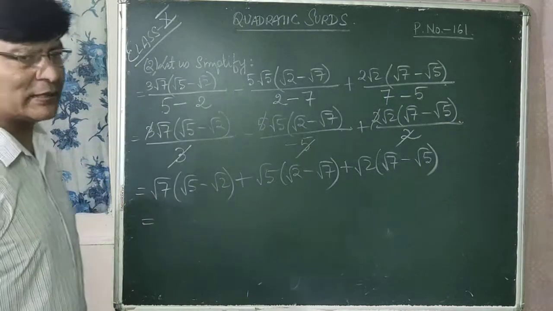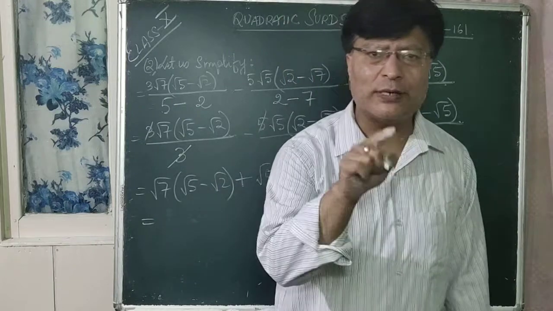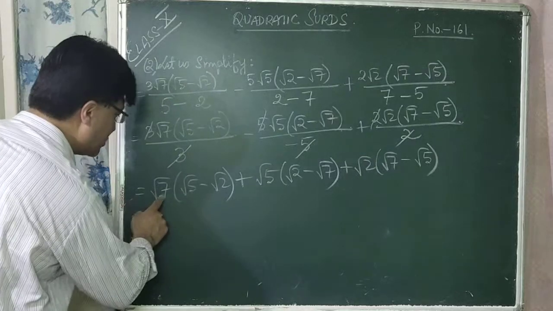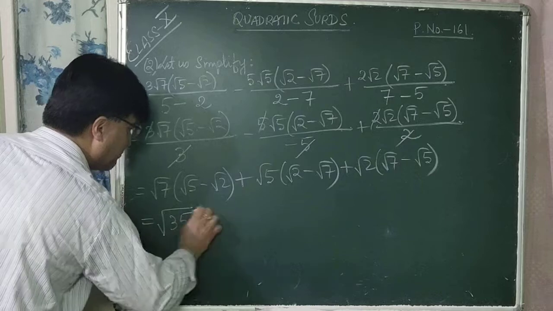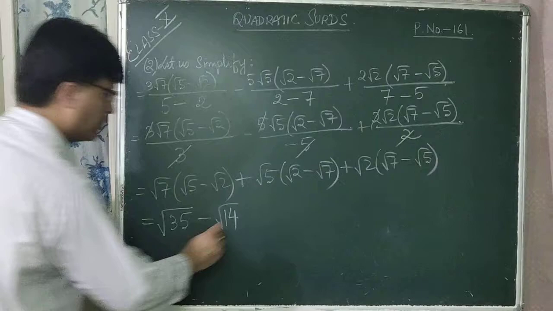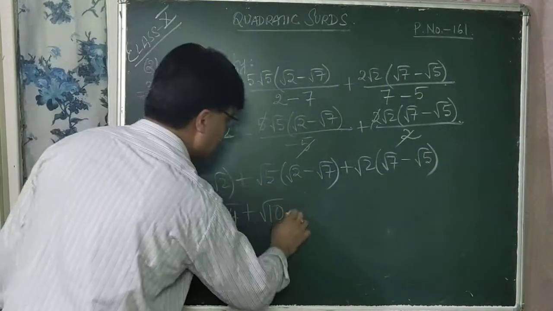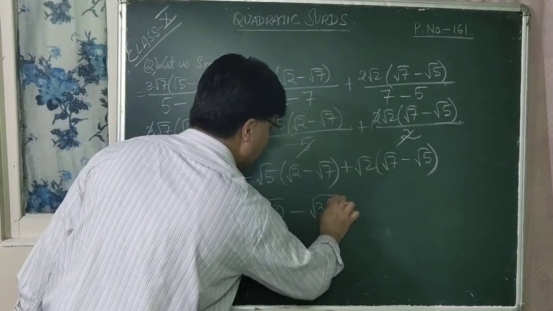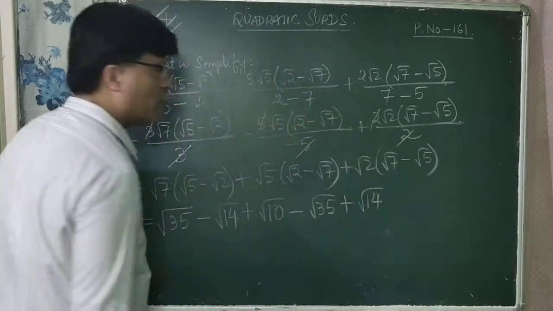I already told you that whenever you have root a into root b, then you can write root ab. That means a and b can be multiplied. Similarly, what is root 7 into root 5? Root over 7 into 5, 7 5s are 35. Minus, similarly, what is root 7 root 2? Multiply, root 14. Plus root 5 into root 2, root 10. Plus and minus, what is root 5 into root 7? Root over 35. Plus root 2 into root 7, root over 14.